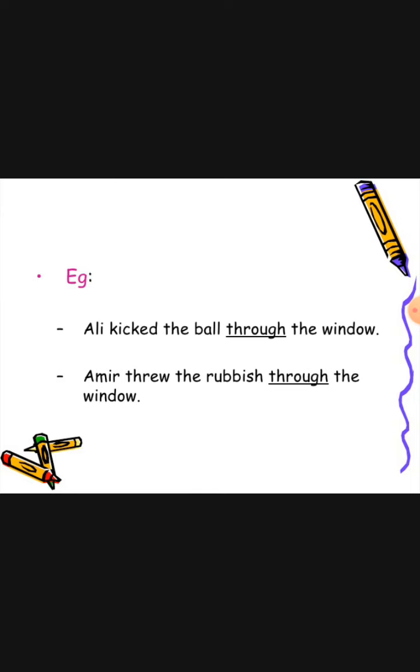Go through means go through the inside of something. When you tell somebody to go through that, it means you have to go through the inside of something. Go through the city means don't just go via the bypass. Suppose you live in a city, then you have to go through the inside of the city. So when we are telling someone to go into something, we use the preposition through.